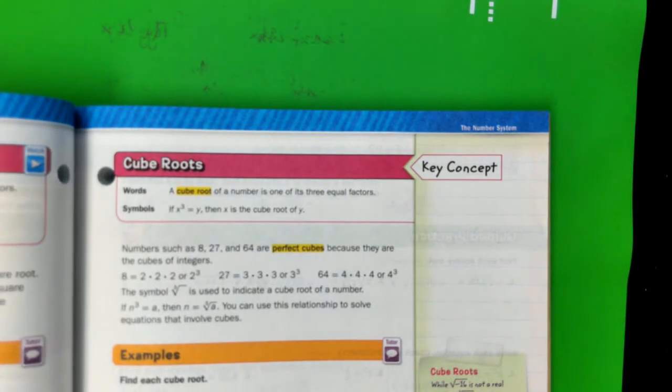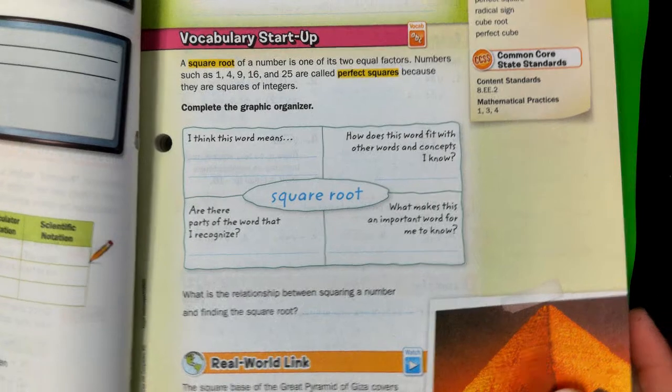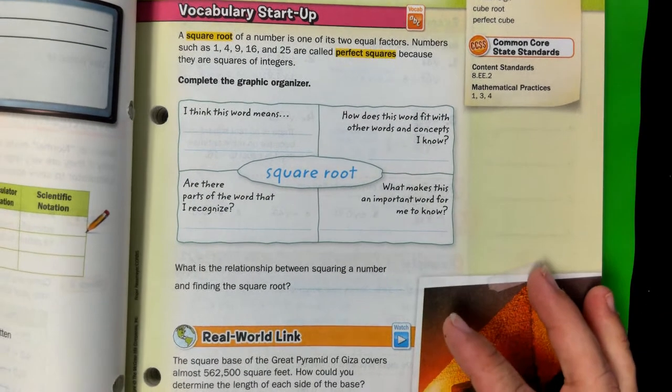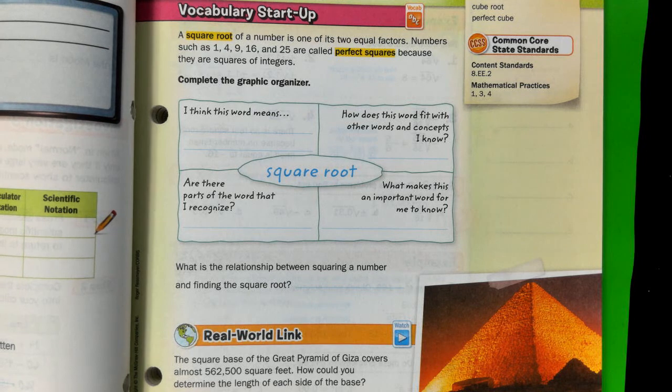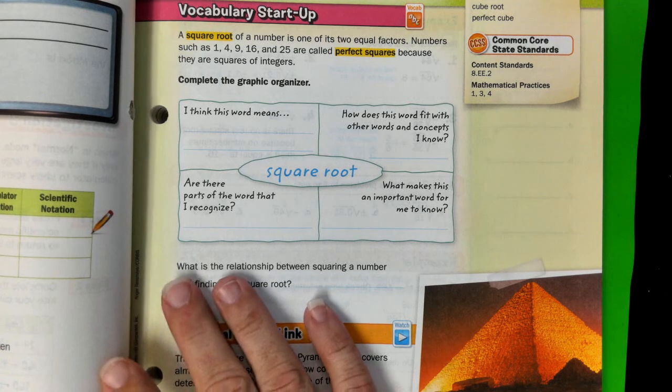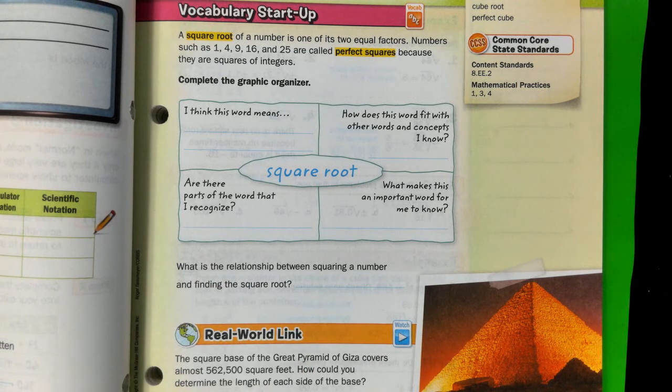It may be at the top if there was somebody sitting in your desk last period. And we're going to go to page 71. And we are not going to write in the book. Okay?